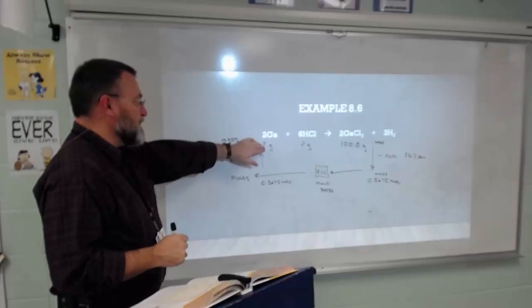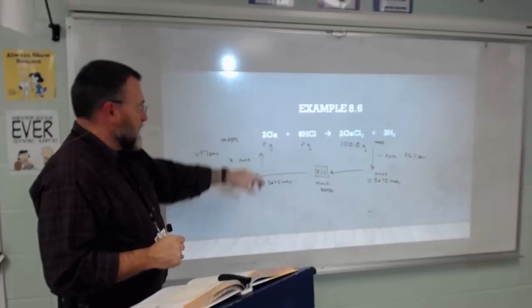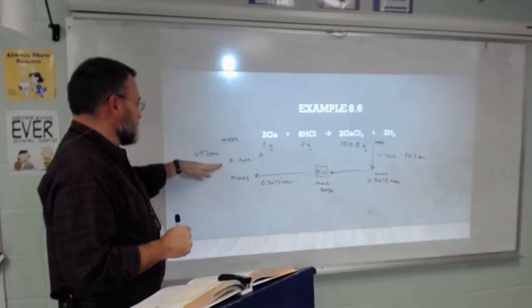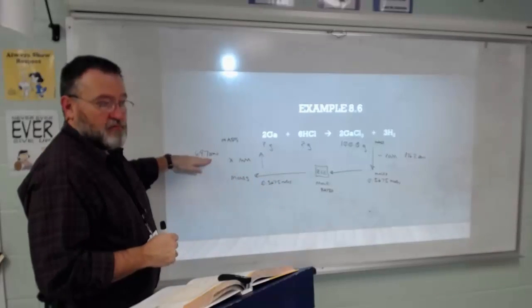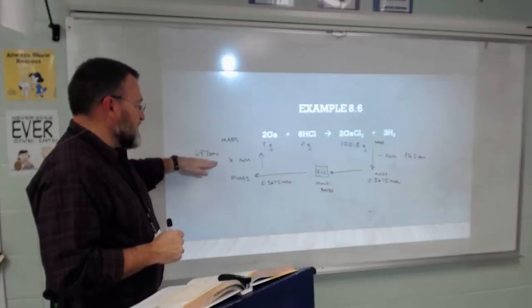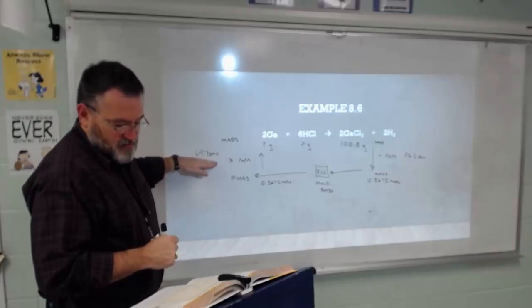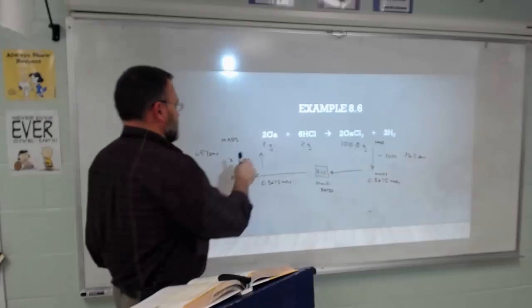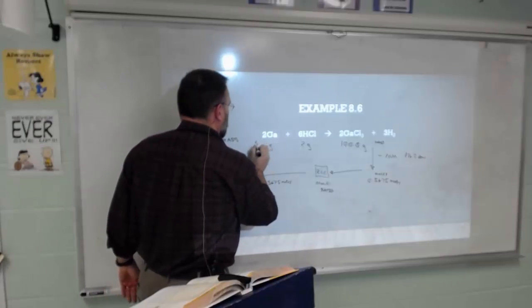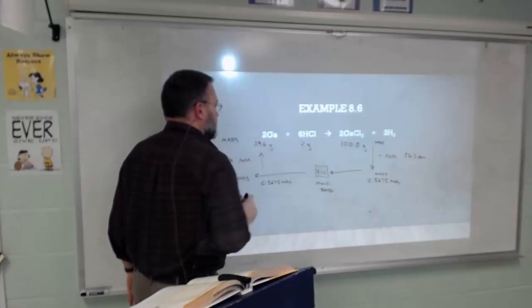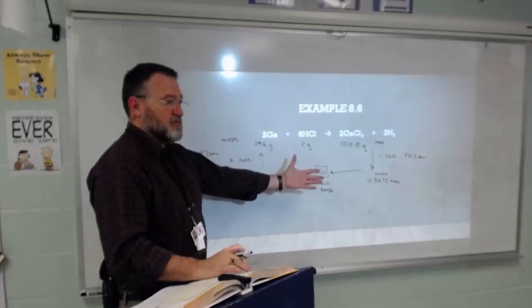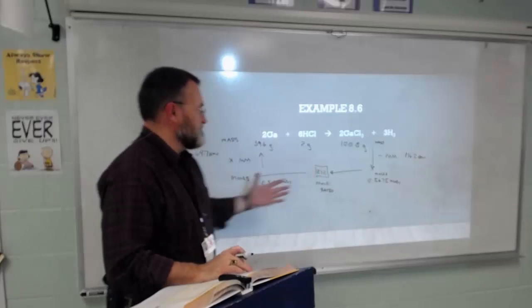So to figure out how many grams of gallium I need, I'm going to multiply 0.5675 moles times the molar mass, 69.7 grams. And that comes out to be 39.6 grams of gallium.